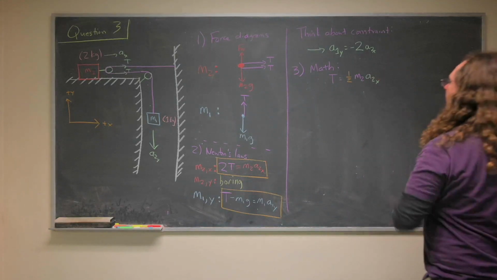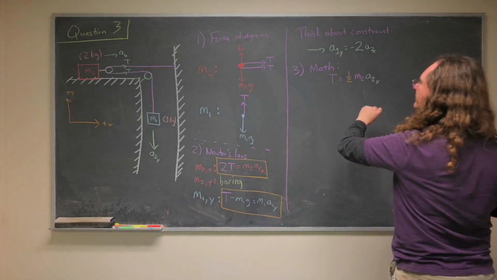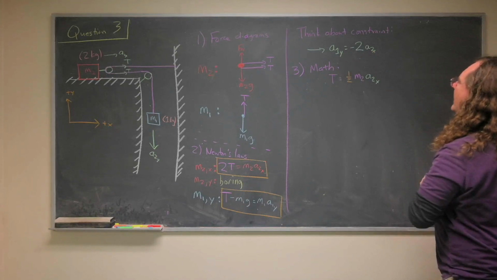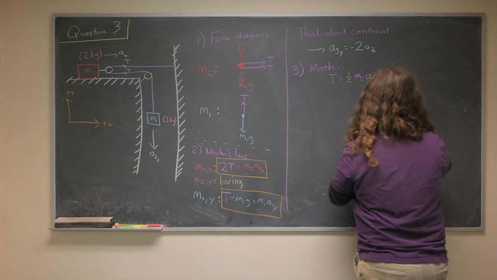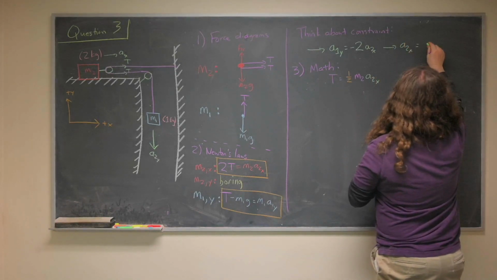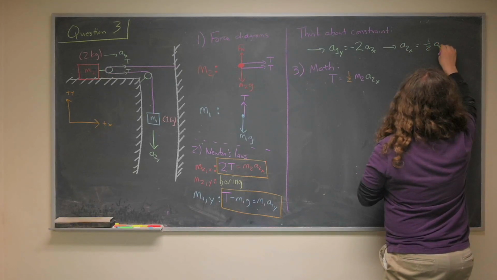So now let me apply my constraint here. A1y is twice as big as A2x. So that means A2x is minus 1/2 A1y.